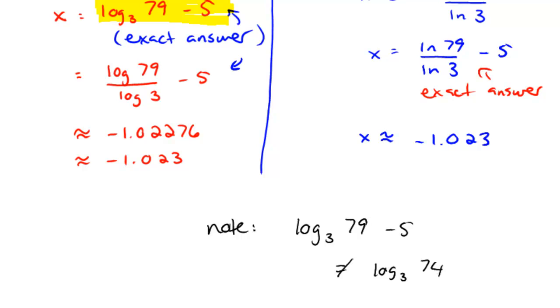And the reason for that is I'd like you to think about this in nice big brackets. It's the same thing as having something like the square root of 79, where the negative 5 is not allowed to creep underneath the square root sign. So make sure that you don't do any bad math here and combine stuff within the logarithm and stuff outside the logarithm together by accident.